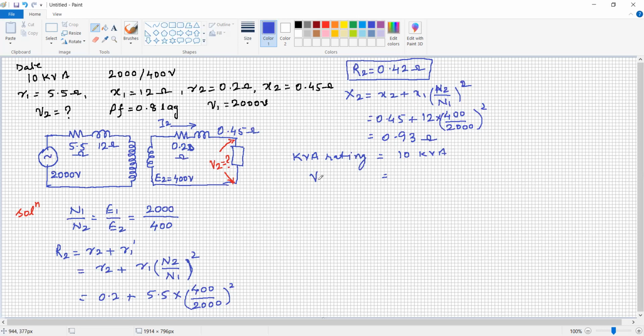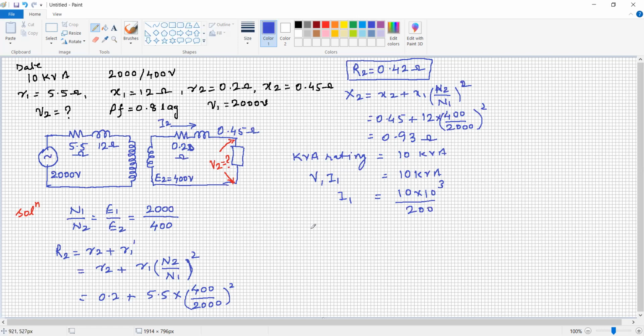V2 we do not know, we want to calculate V2. So it is possible to find V1 I1 equal to 10 kVA. And from this it is quite clear that I1 is equal to 10 into 10 raised to 3 divided by 2000.